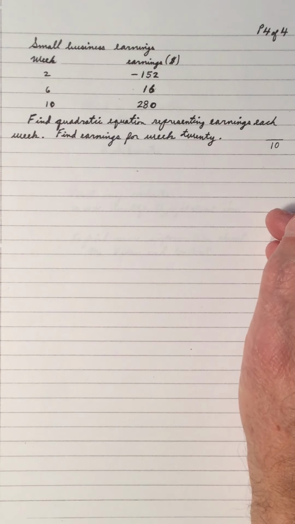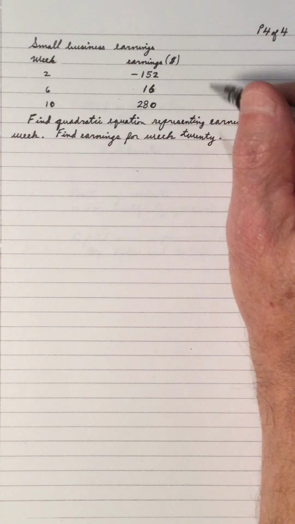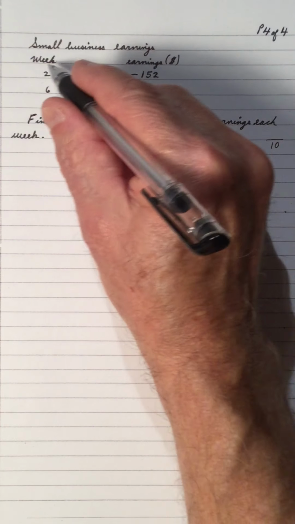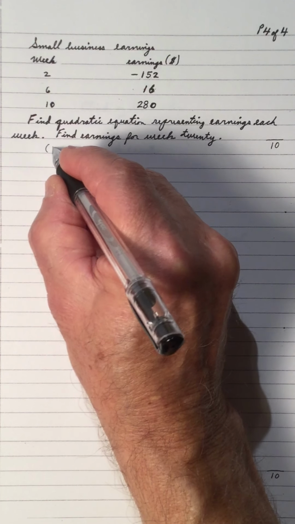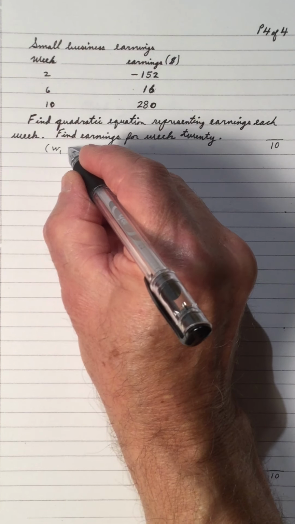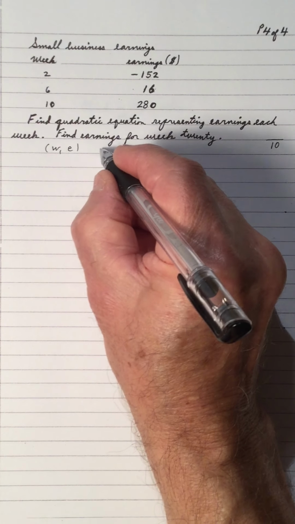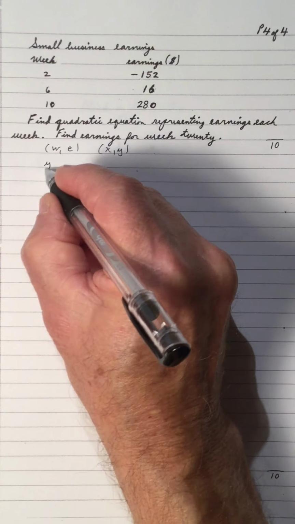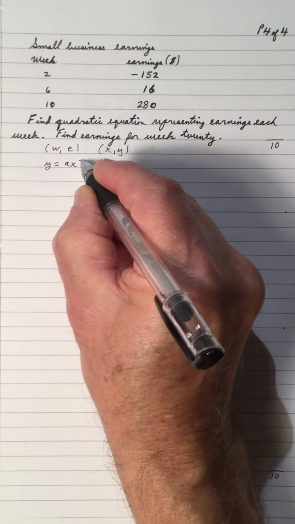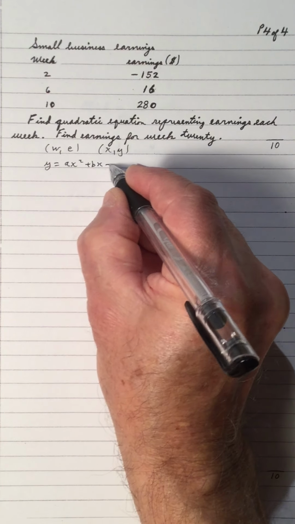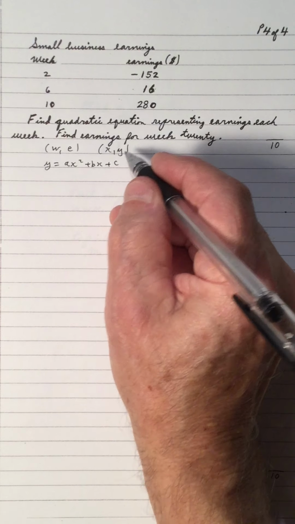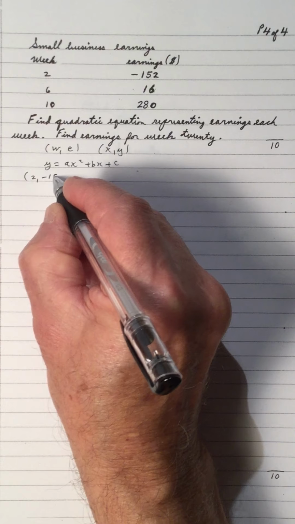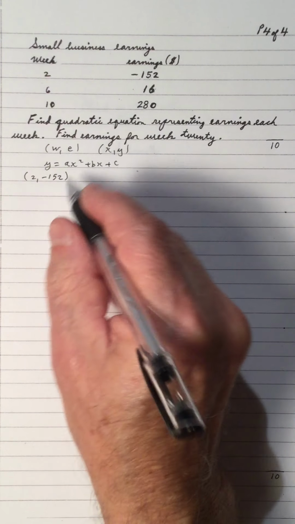So we got to get the equation first. So it's a quadratic equation. So let's go with, we got weeks and we have earnings. So that's the same as the x and the y. So we got y equals ax squared plus bx plus c. So let's take the point 2, negative 152.